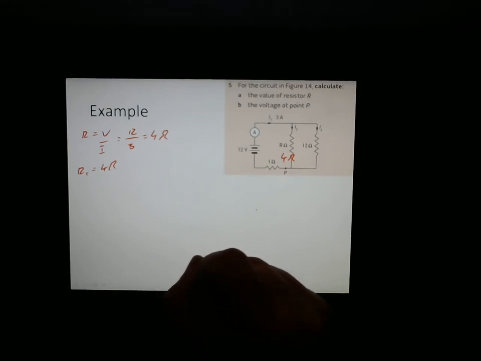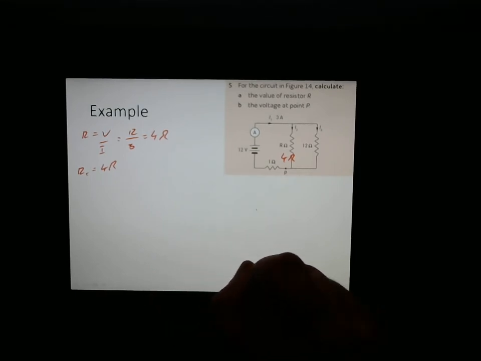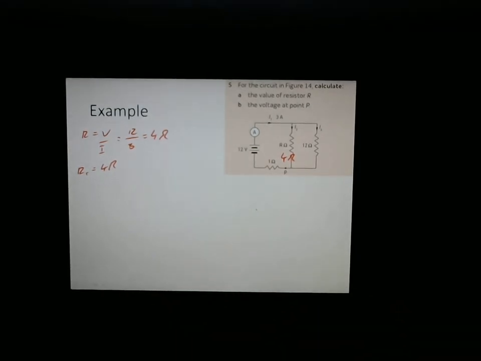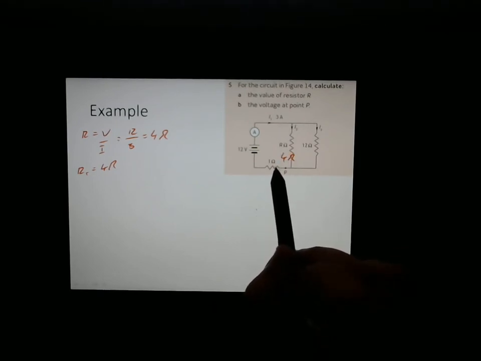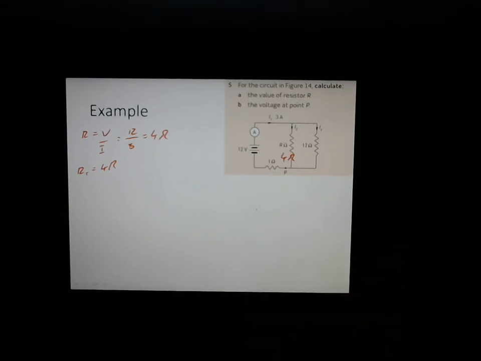Now, there are some other ways to solve this. You could have used Kirchhoff's laws, going that, well, the current I2 and I3 must add to equal 3, the voltage being used up, because we know the current times this resistance would give us the voltage being used up here. We know the resistance being left over.